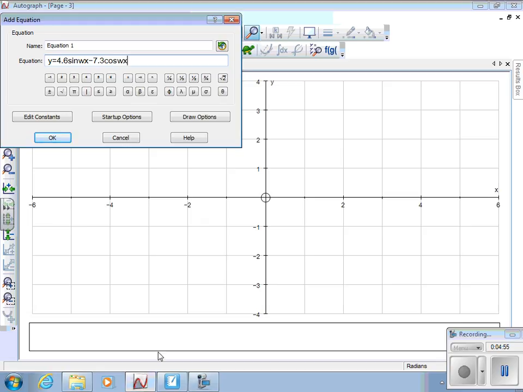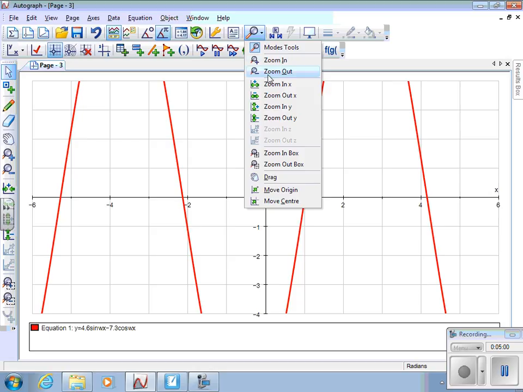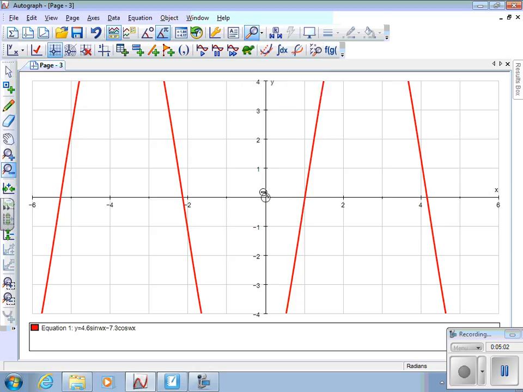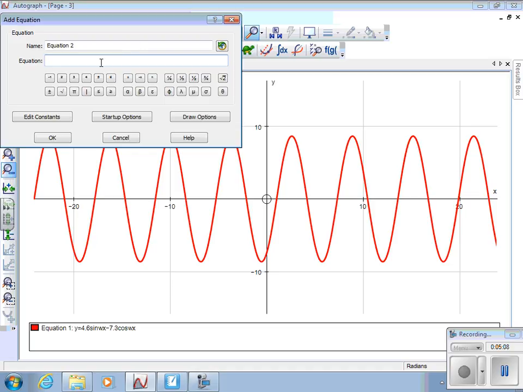And I get that. So let's zoom out on it again so you can see it. There's our wave function. But what we're saying is that that equals y equals R, which was 8.6, thank you, sin(ωx minus 1).